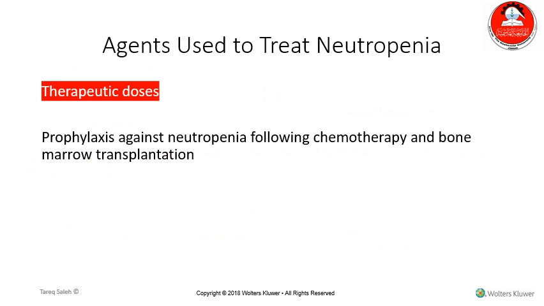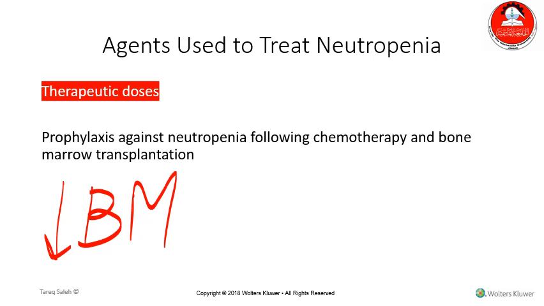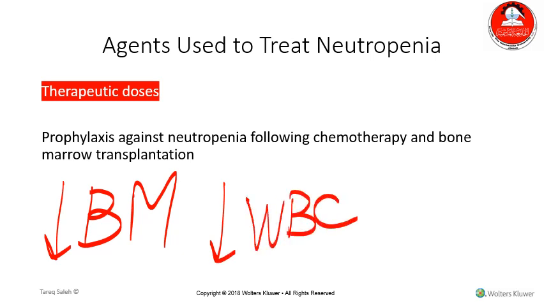Usually, patients with chronic malignancies or receiving cancer chemotherapy will develop bone marrow suppression, right? A reduced function of bone marrow, which results in anemia for sure. But at the same time, it also results in reduced white blood cell count, especially neutrophils.